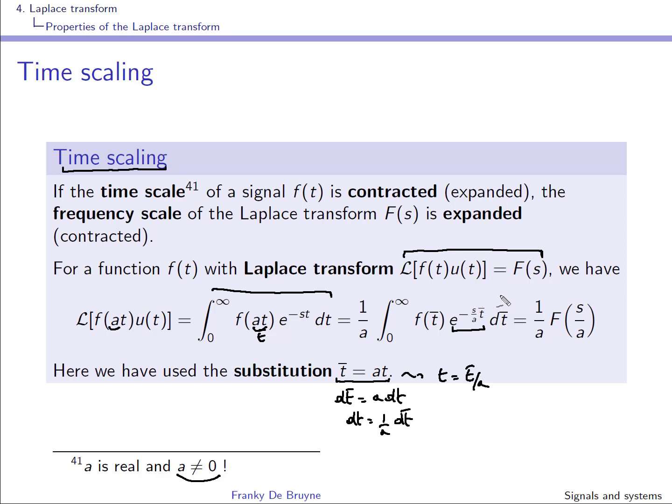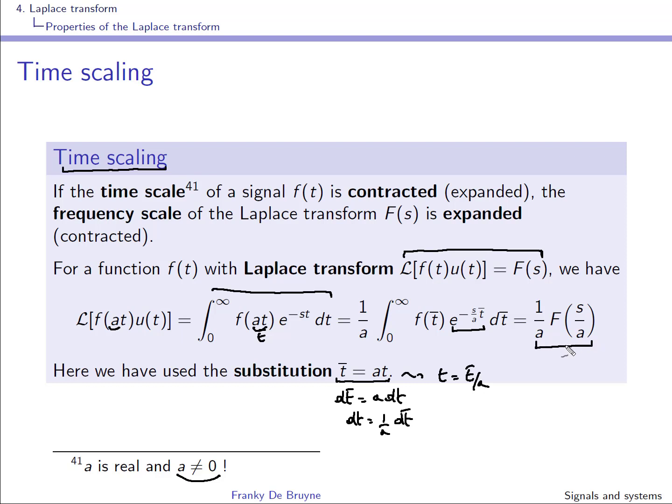Okay, and what you see over here is that this is a Laplace transform of the original signal, but with s replaced by s over a. So you can replace this expression here by what you see over here.